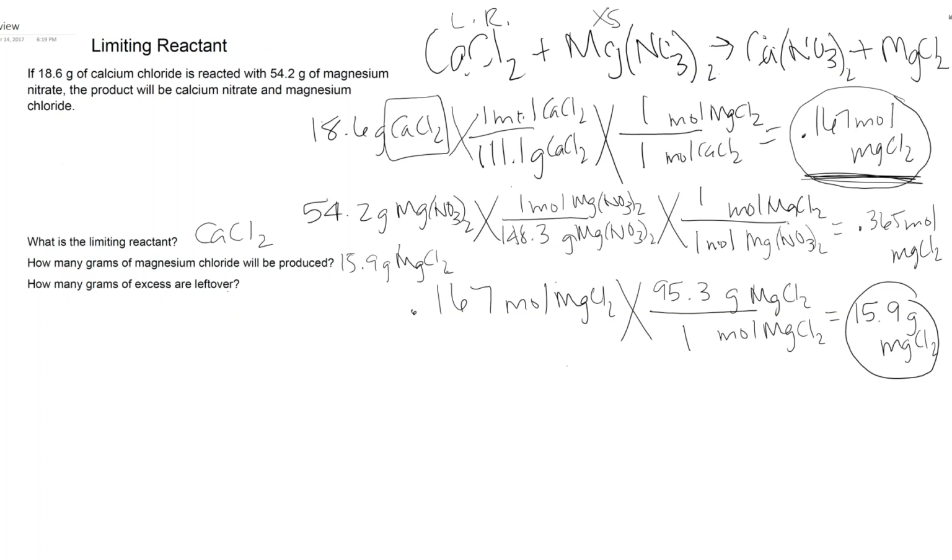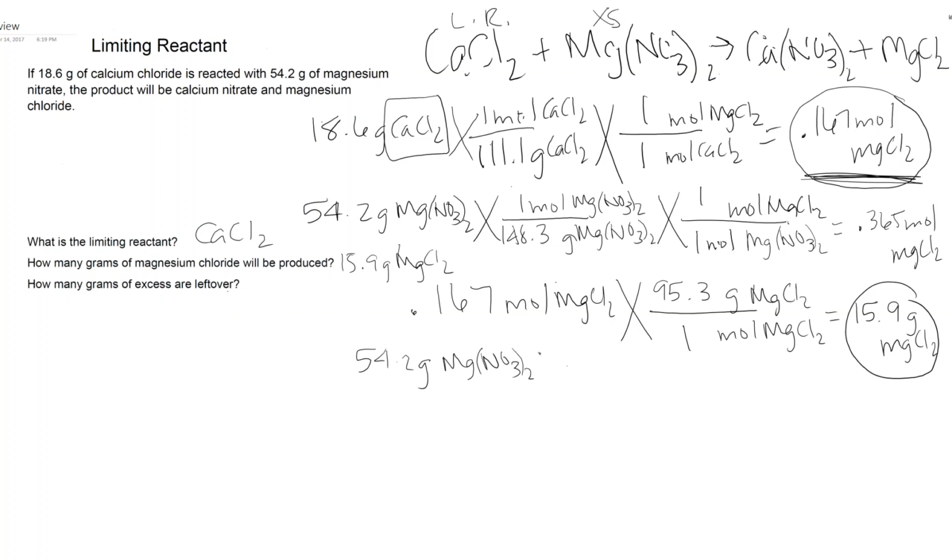I think it's easiest to do your conversions and get your mole values and then convert to grams at the very end if necessary. We had 54.2 grams of the MgNO3 to start off with.